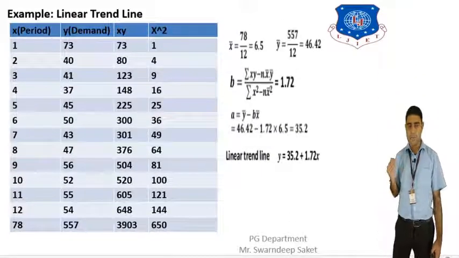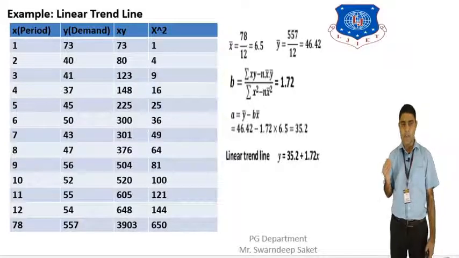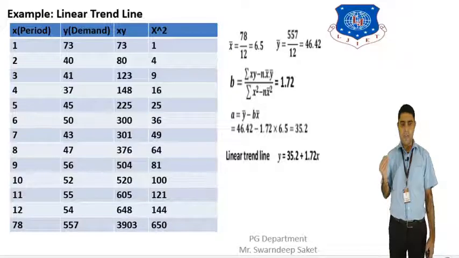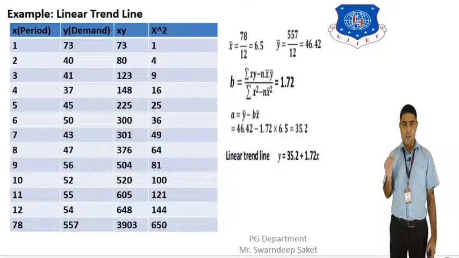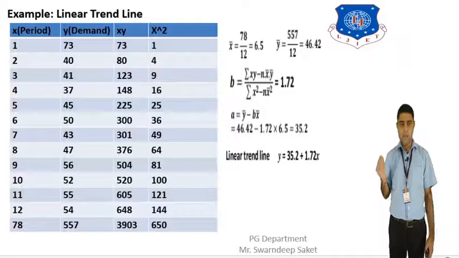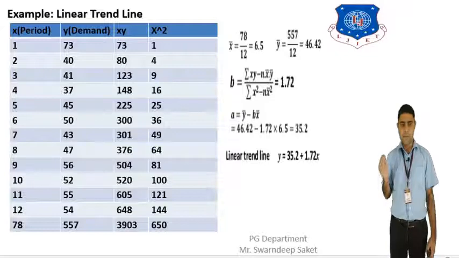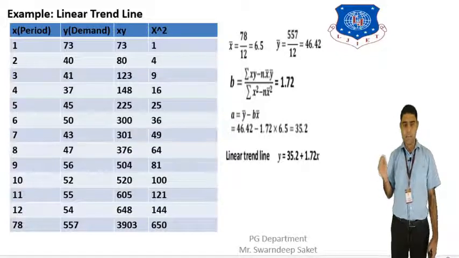Now we will see an example of how to calculate the linear trend line. x is the period and y is the demand. In the table, for x = 1, y is 73, so xy is 73 and x squared is 1.